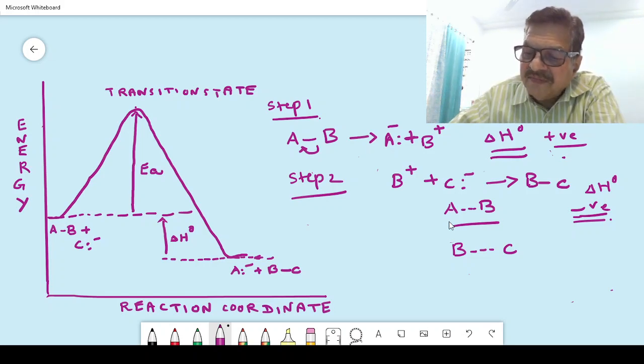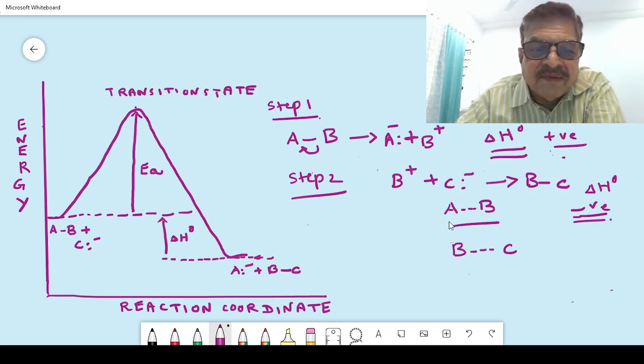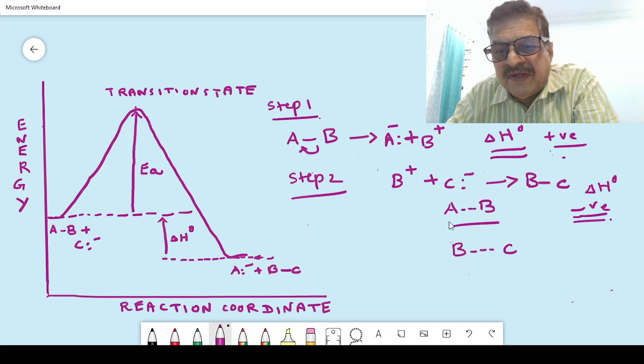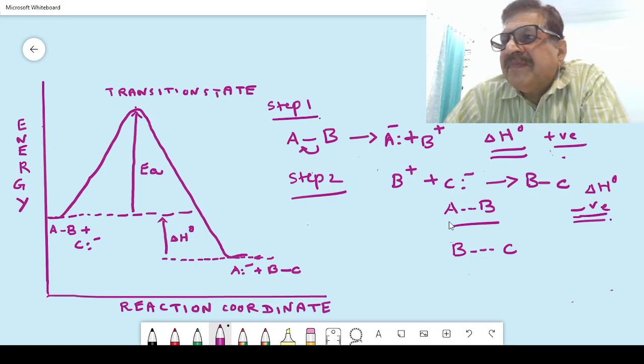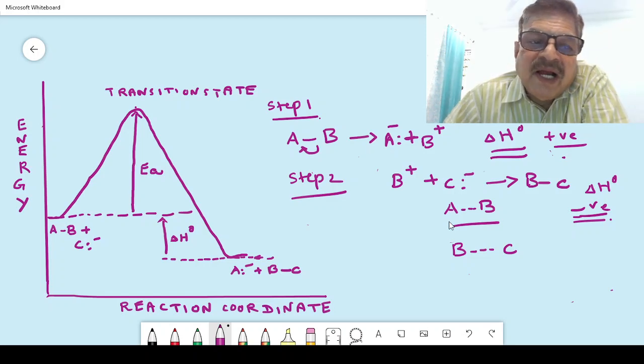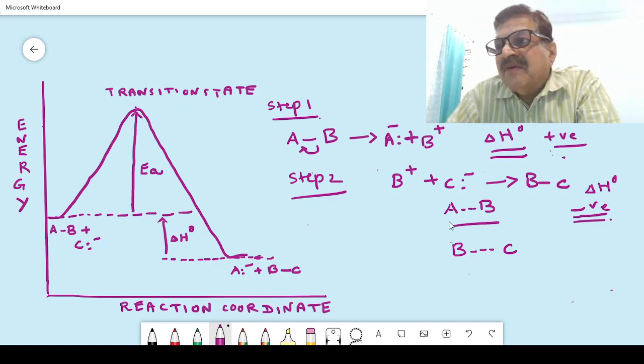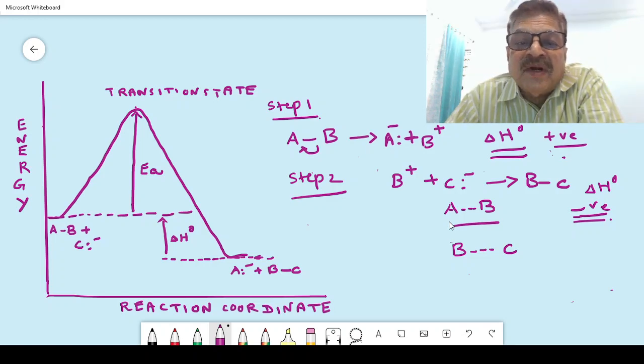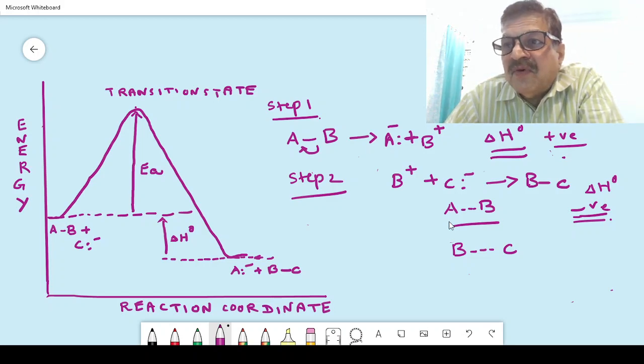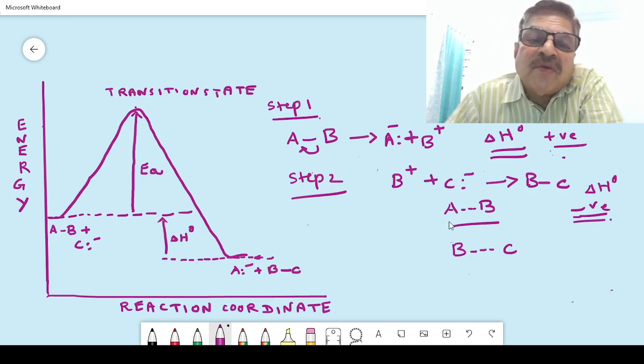Now, I will draw these diagrams and show you after these explanations are over. The energy barrier for step 1 will be higher, because energy is needed for breaking the bonds. The bond cleavage in step 1 is a difficult process, more difficult compared to bond formation in step 2.